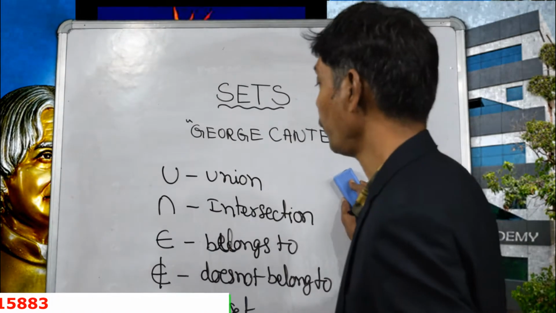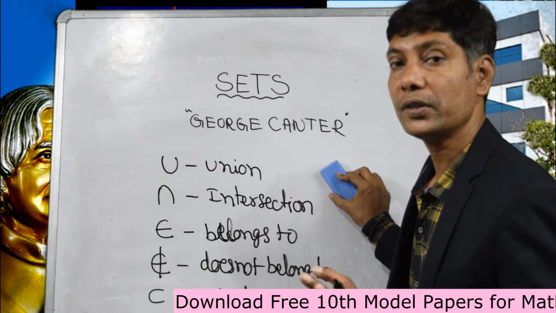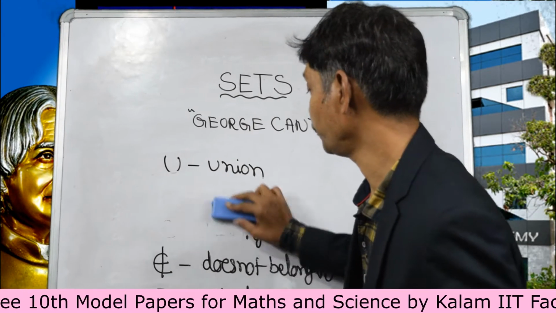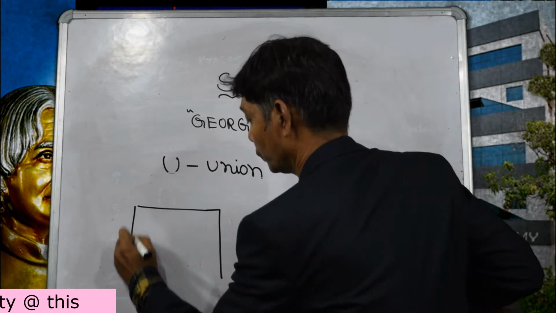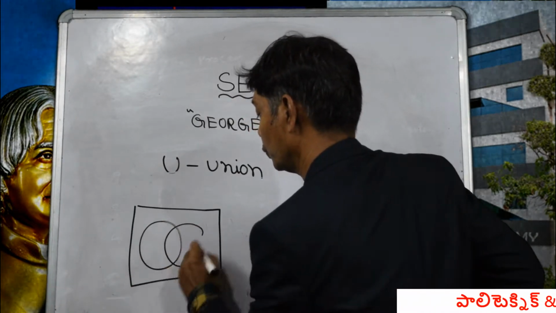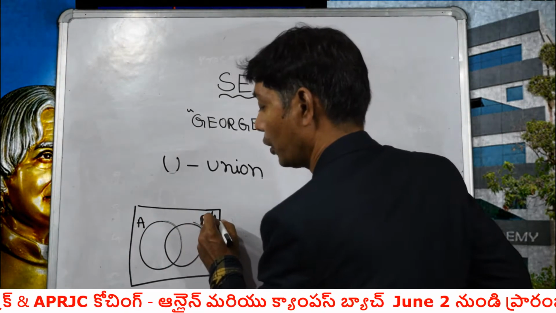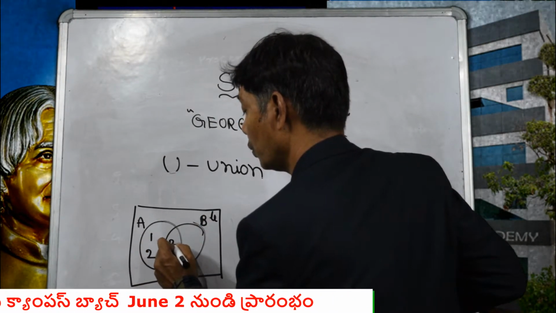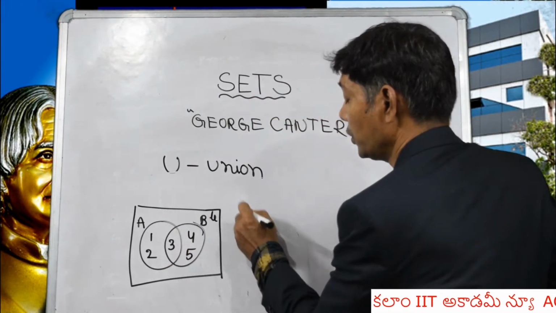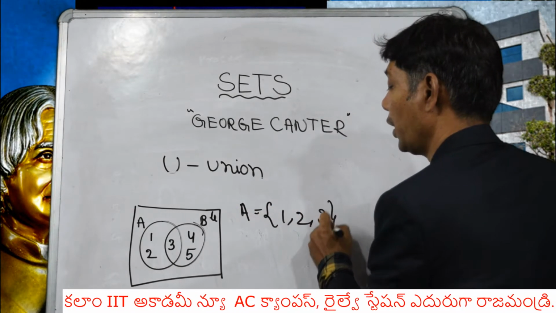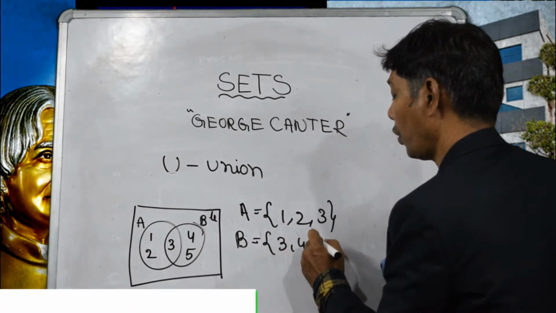First of all, you have to take the union. Union means you have to take all the elements in sets A and B. Here, this is A, this is B. Set A means 1, 2, 3 elements are present in set A. B means 3, 4, 5.